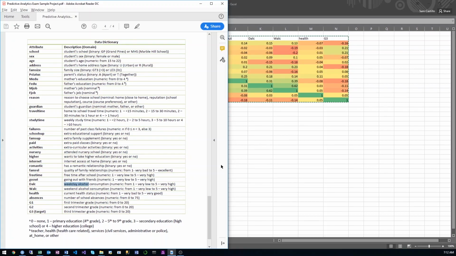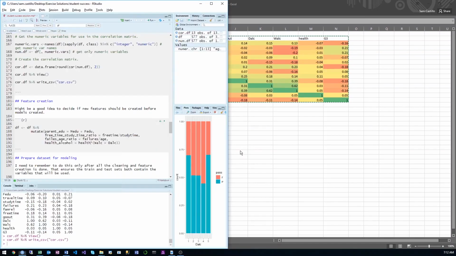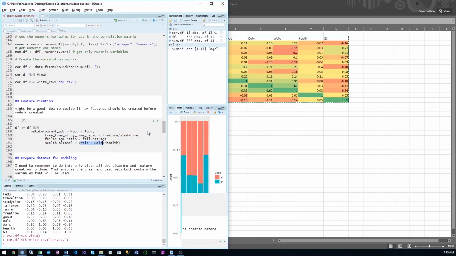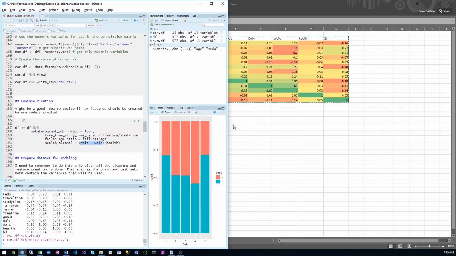So let's do alcohol consumption divided by health status so that it will be highest when the numerator is really high and they're in poor health. Conversely, if they're in great health, it will not make as much of a difference if they're consuming a lot of alcohol. Okay, I think this is enough.